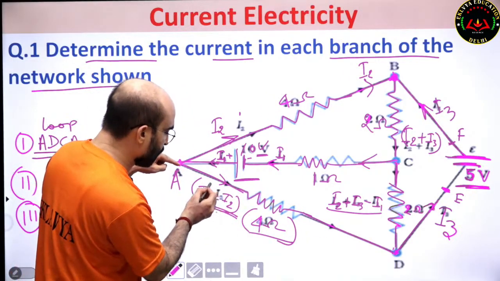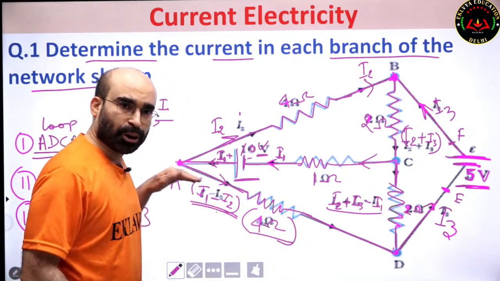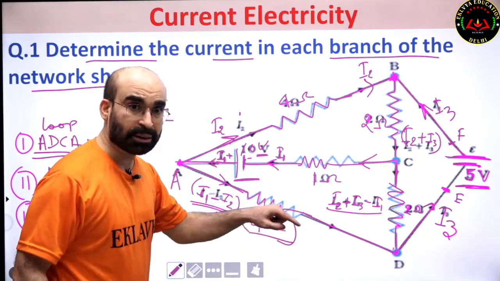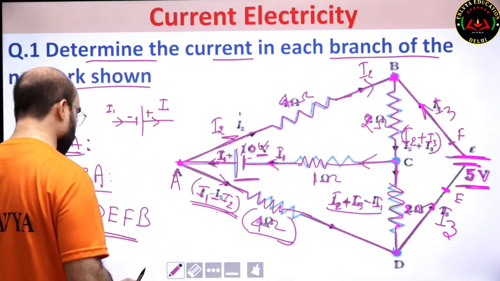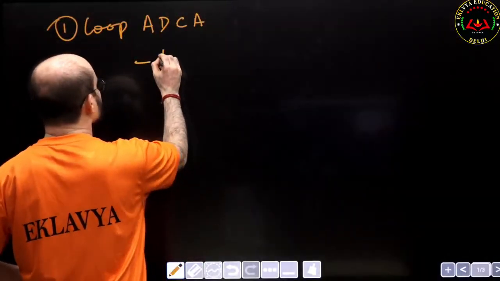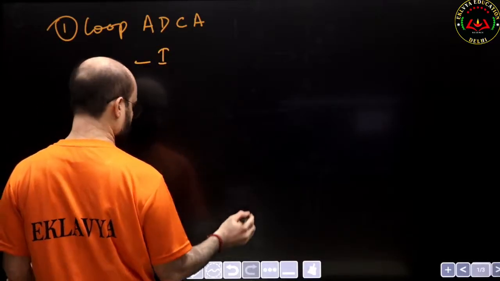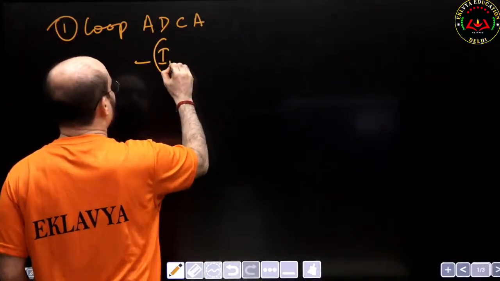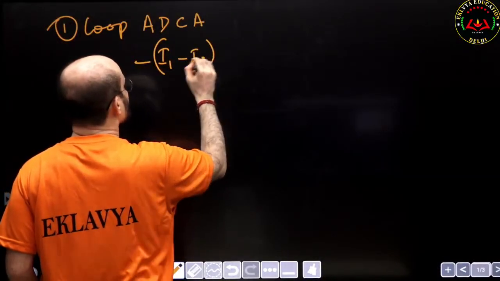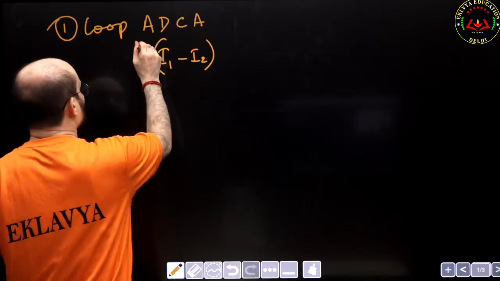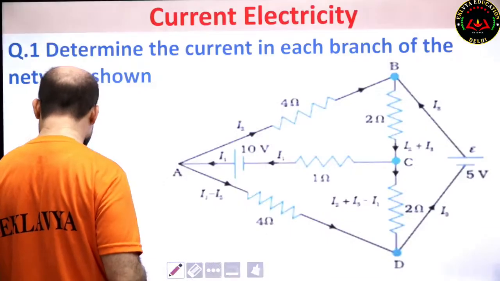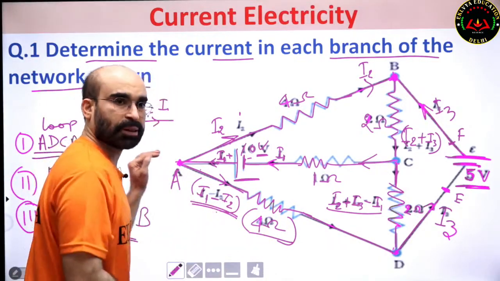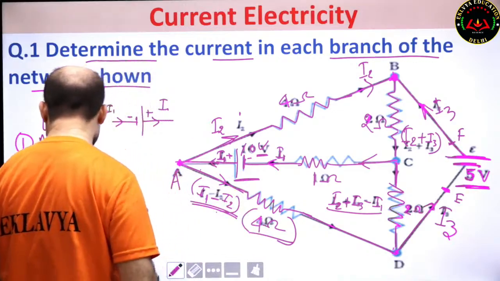See, direction of current is from A to D, and we are also traversing in the direction A to D, right? So what we will do? We will consider minus 4 of I1 plus I2, that is minus 4 into this current. The potential difference across this resistor is 4 into this current, but this has to be minus as per our sign convention.